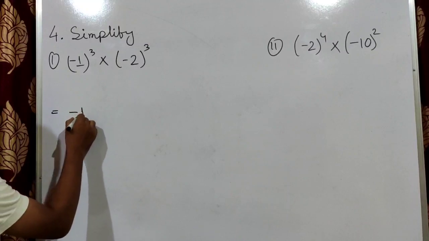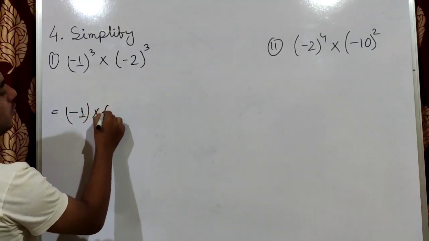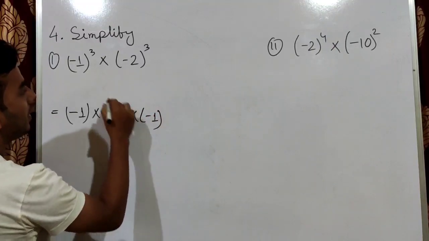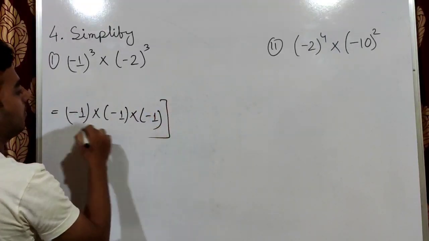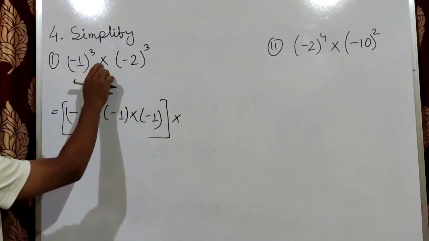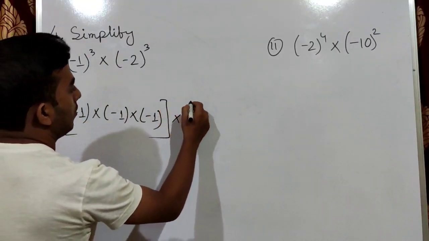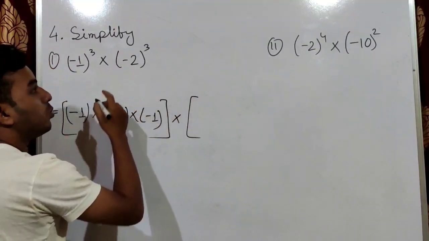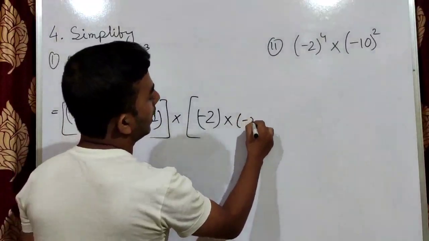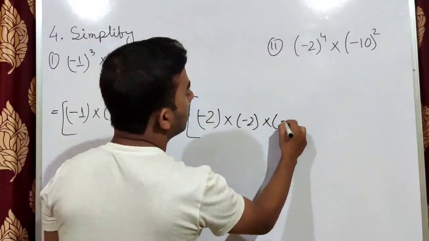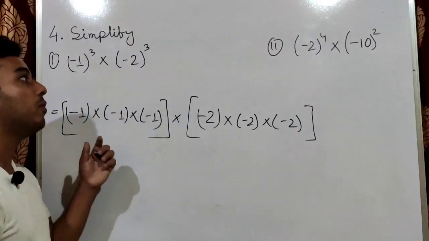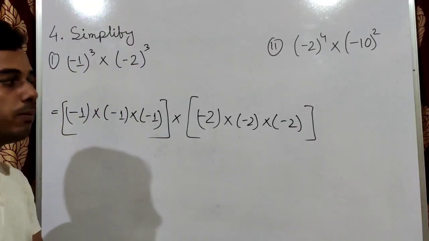Minus 1 into minus 1 into minus 1, then this multiplied with minus 2 cube, which means minus 2 into minus 2 into minus 2. Up to this clear? We have just expanded from exponential form to usual form, right?